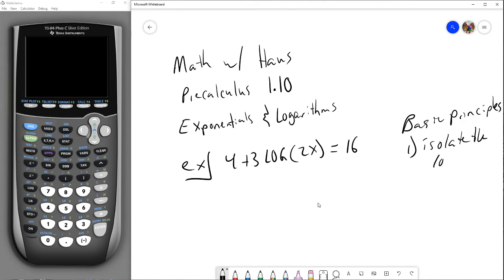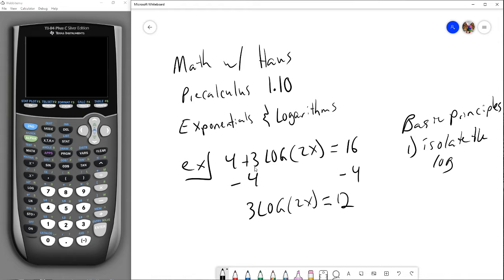So, in this case, we have 4 plus 3 times log of quantity 2x is equal to 16. What we need to do in order to isolate the log is get rid of this 4 and then this 3 coefficient. So I'm going to subtract the 4 and have 3 log of 2x is equal to 12.